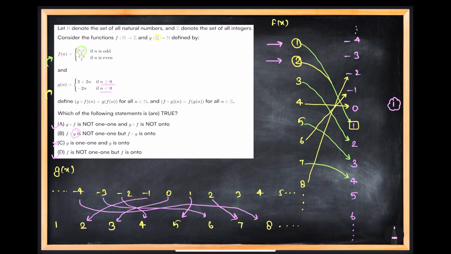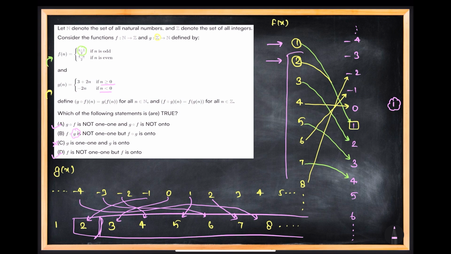Okay, so look at this. g is a one-one function. Although it cannot produce 1, it's okay, it will produce all these natural numbers after 1, and those will be consumed by f of x. Look at this, and the input of f of x will become this.